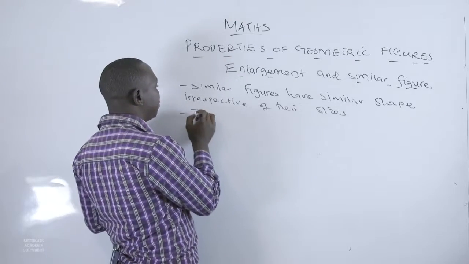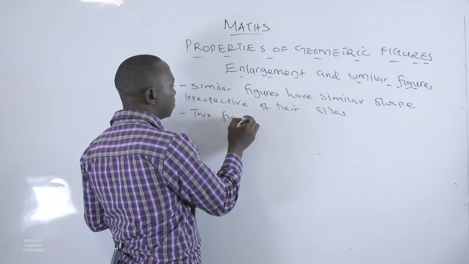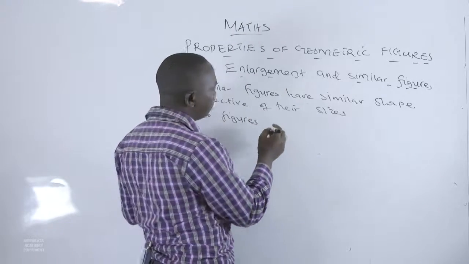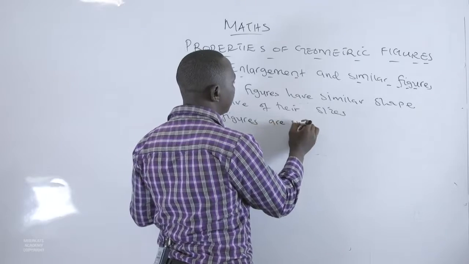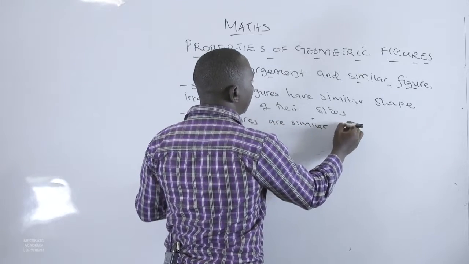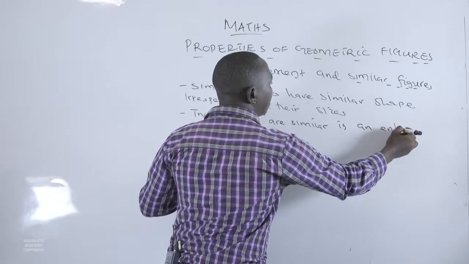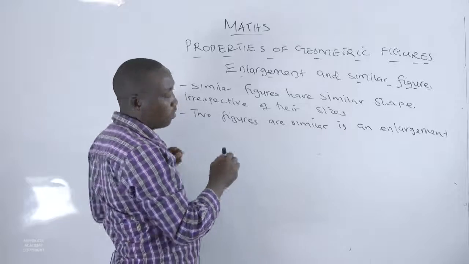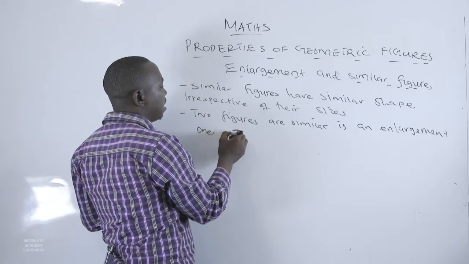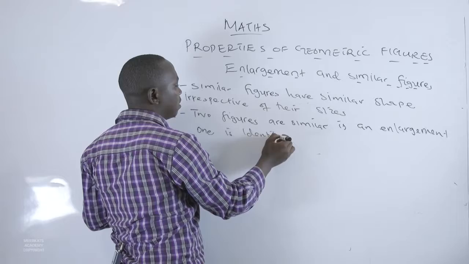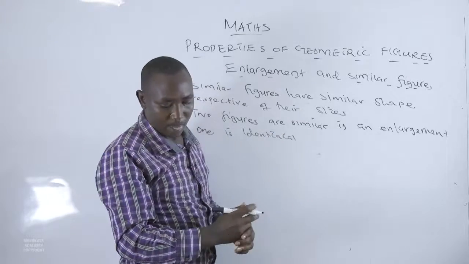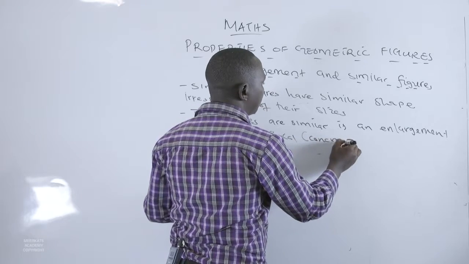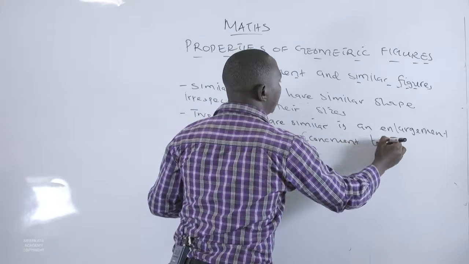So two figures are similar if an enlargement of one is identical or congruent to the other.